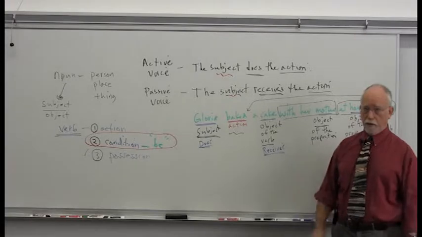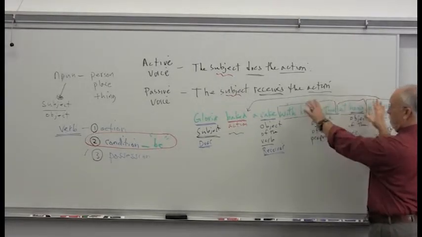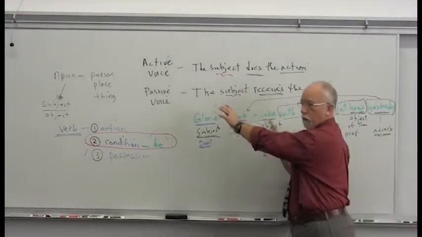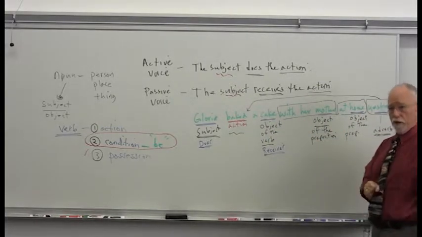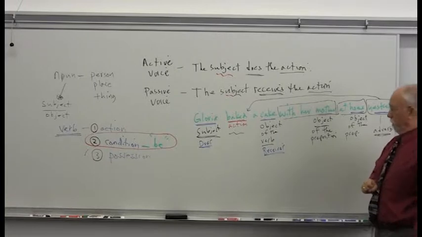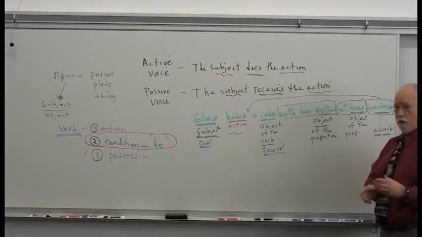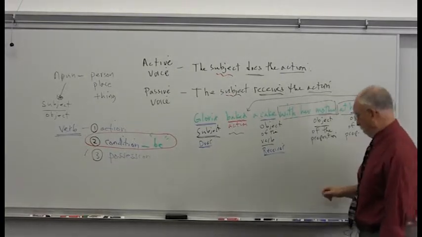Now the nice thing about English is that you can take these things and you can move these things around and put them in different positions, still maintain the same meaning, but have some variety and some change and maybe some differences in how you write things.